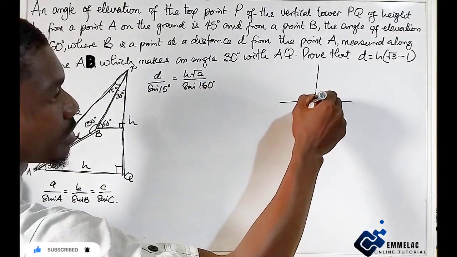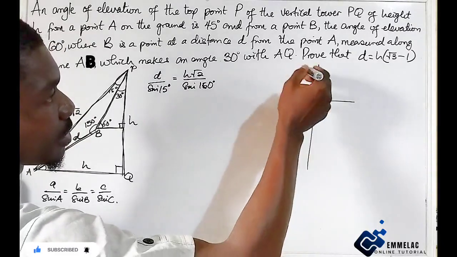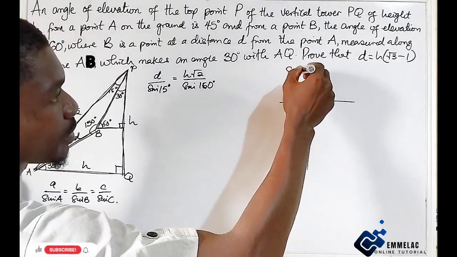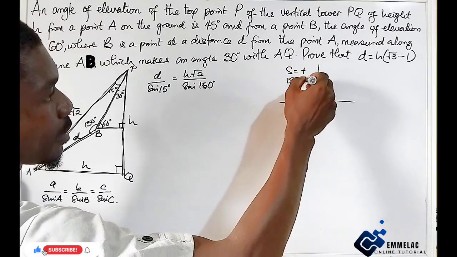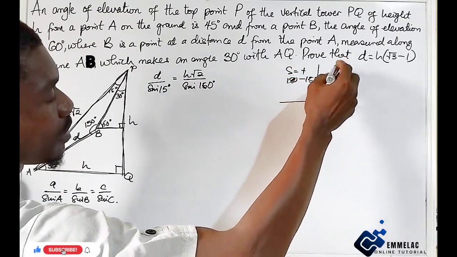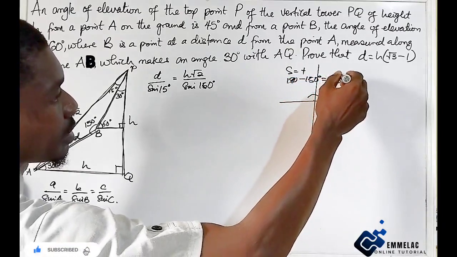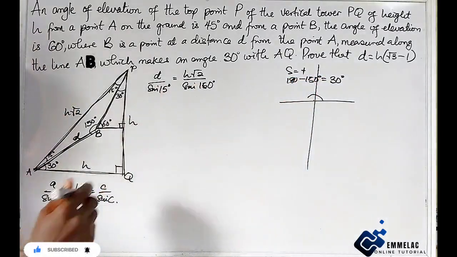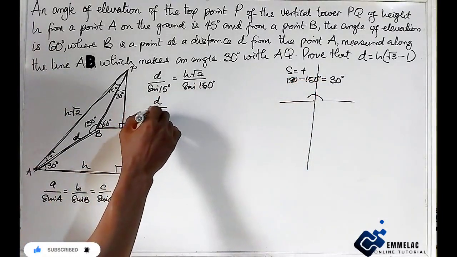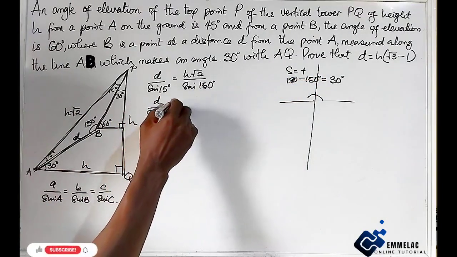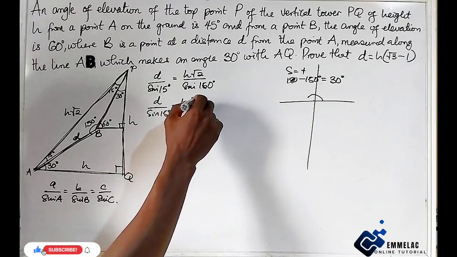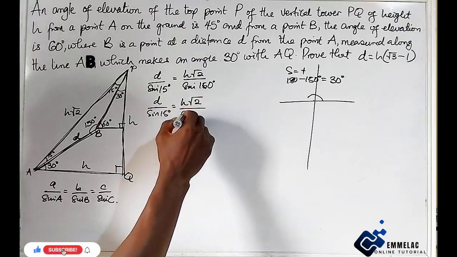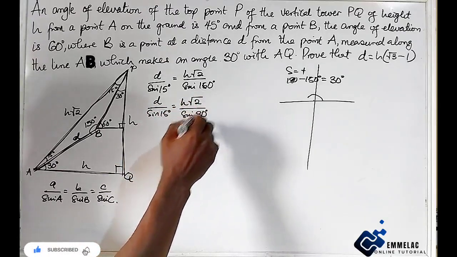This is 150, so it's within here, and sine here is positive, so 180 minus 150 gives us 30 degrees. So D over sine 15 equals H, the square root of 2, over sine 30 degrees.